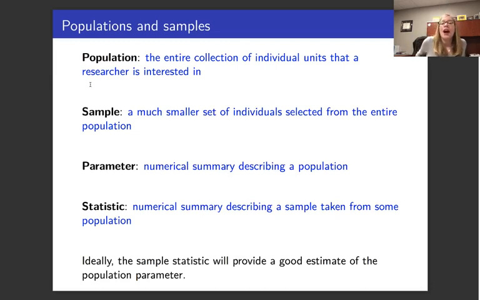So we'll start out with some vocabulary, everybody's favorite. So as statisticians, when we're collecting data about a research question, what we're really trying to do is answer some question about a population. So a population is the entire collection of individual units that a researcher is interested in.